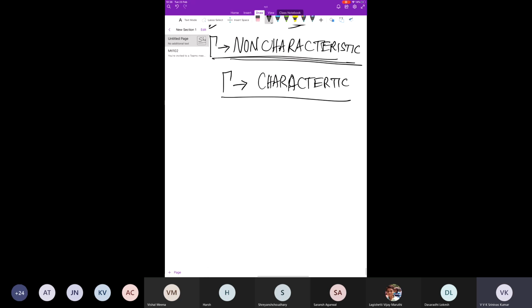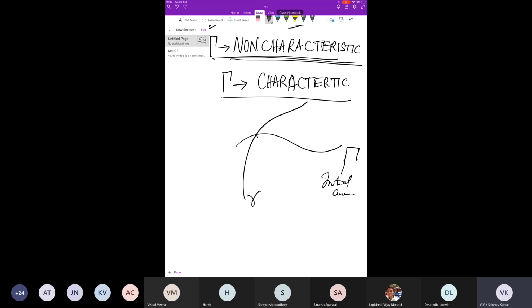When this is the characteristic curve, that is our initial curve gamma, take a small gamma which intersects this at a point.